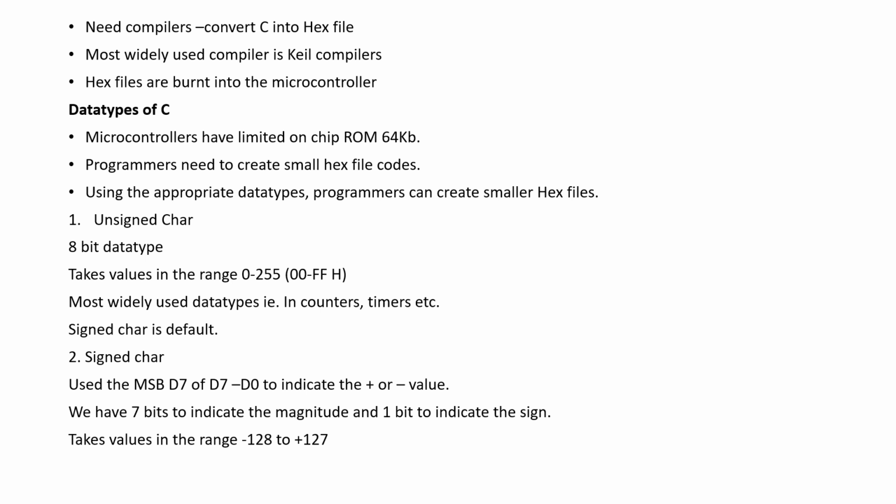So in unsigned character, it takes the values from 0 to 255. That is 2 raised to 8, becomes 0 to 255. It is the most widely used data type because it is 8-bit and it is used in timers, counters, etc.